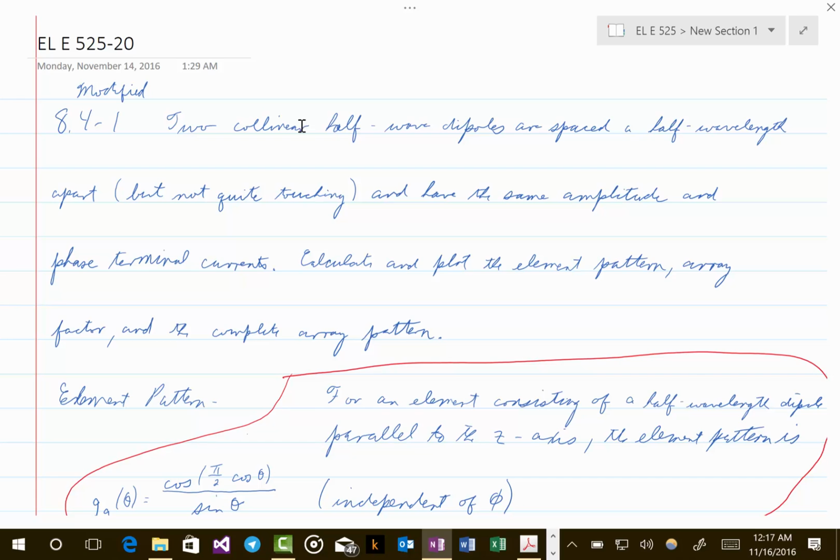So these two dipoles are both along the z-axis, and since they are half-wave dipoles and are also only a half wavelength apart, they are almost touching each other, but we're told not quite touching. And furthermore, the terminal currents on these half-wave dipoles have the same amplitude and the same phase.